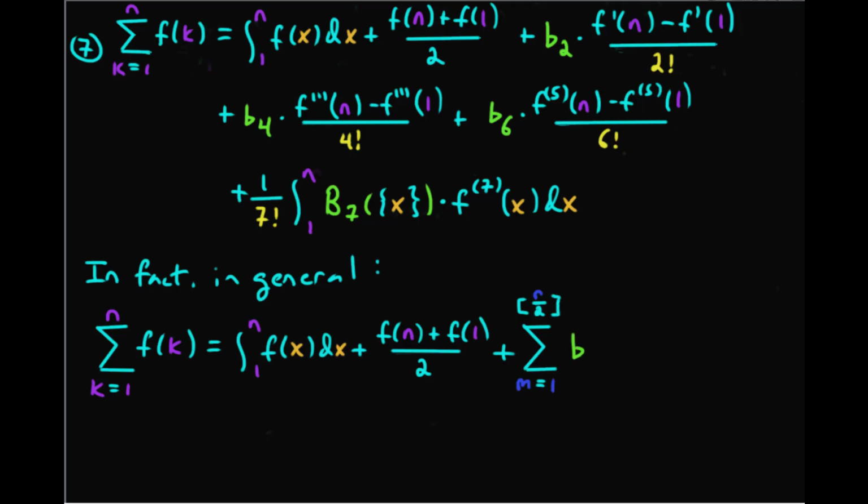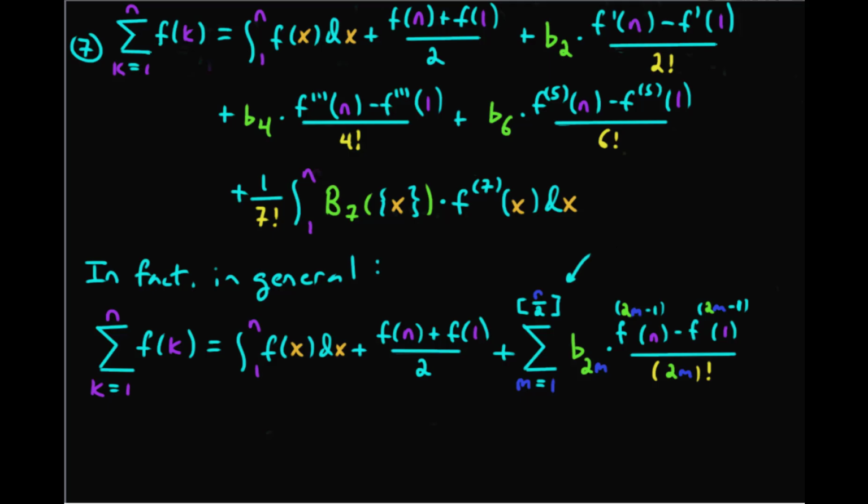And so this is the sum of our even subscripted Bernoulli numbers, so b sub 2m times the 2m minus 1 derivative of f of n minus the 2m minus 1 derivative of f of 1 all over 2m factorial. And you can just compare that formula to the correction terms in what I have up there, the 7th derivative form of the EMSF, to see that that accurately captures the pattern.